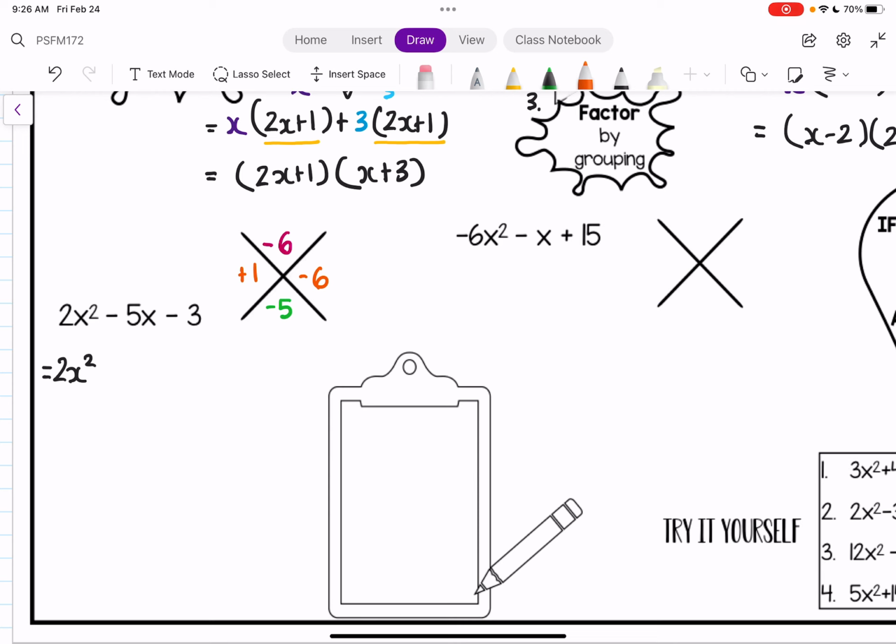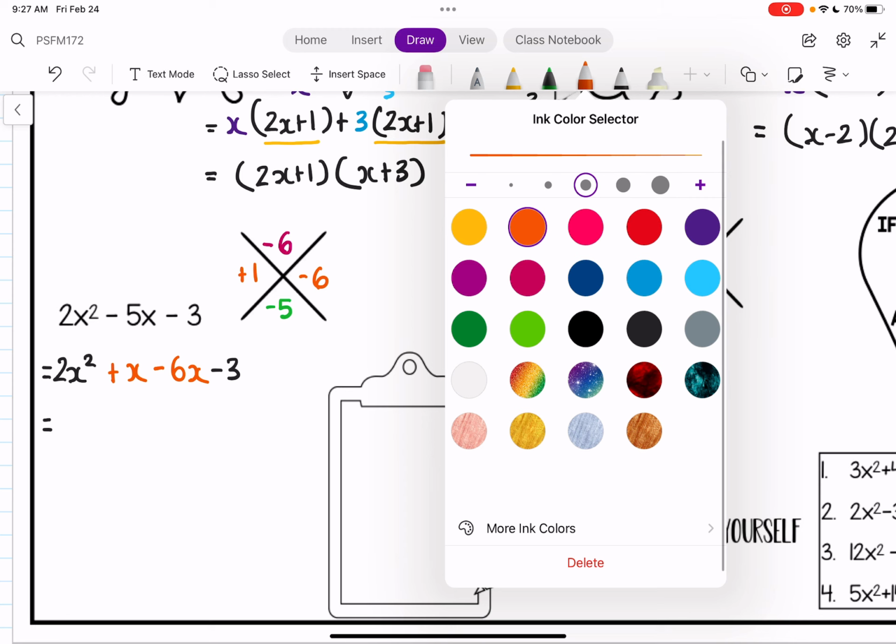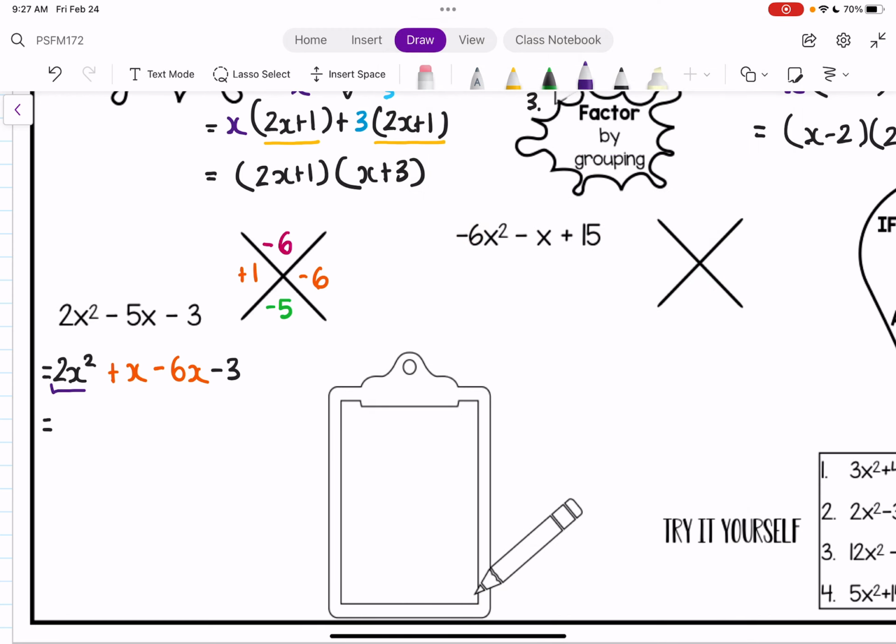So 2x squared plus 1x minus 6x minus 3. So here our common factor is x, and here the common factor is 3.